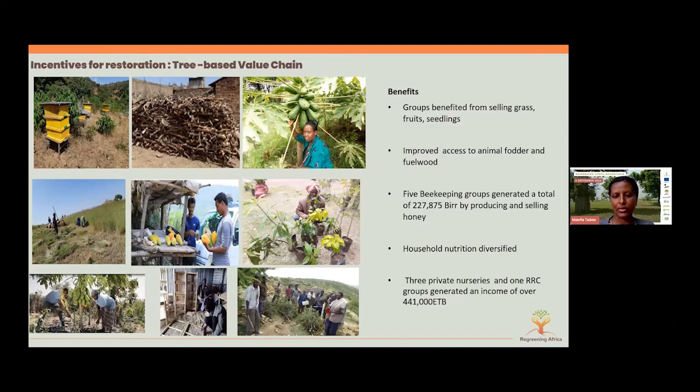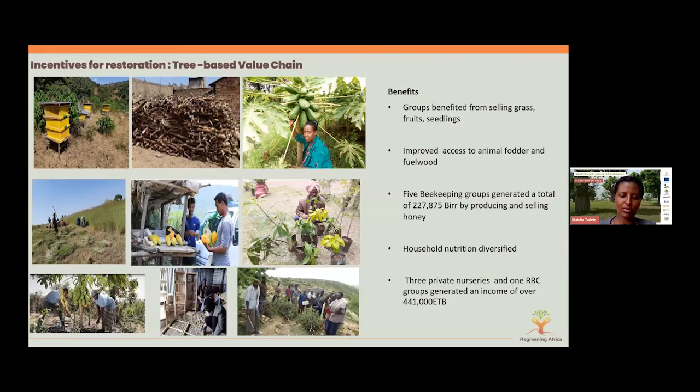Within the past 4 years, community groups have been benefiting from these exclosures through this tree-based value chain. To mention some of the benefits the communities received, the groups benefited by selling grass, fruits, and seed from exclosures. There is also improved access to animal fodder and fuel wood.